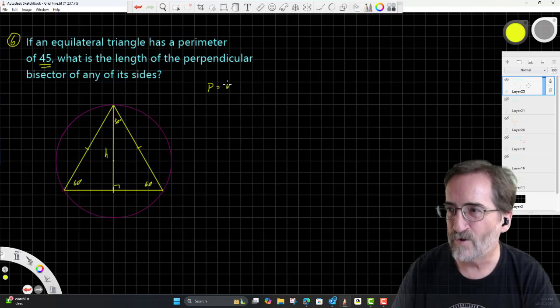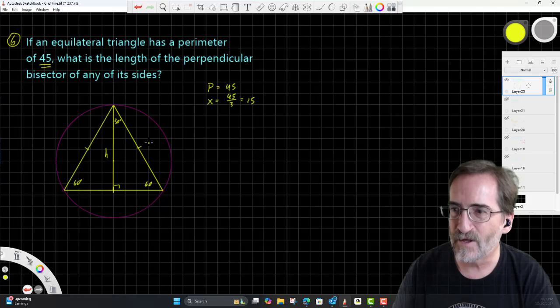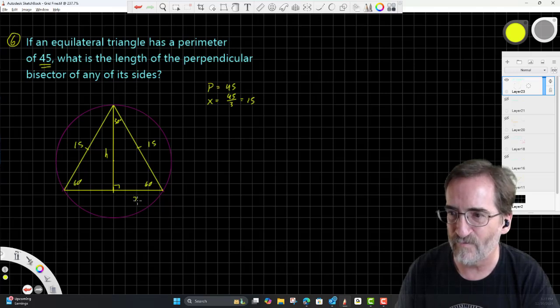And so perimeter is 45. That means each side must be 45 divided by 3. So let's call the side x. 45 divided by 3 is 15. So that means this length is 15, and this length is 15, and this whole length is 15. So this half length is 7.5.